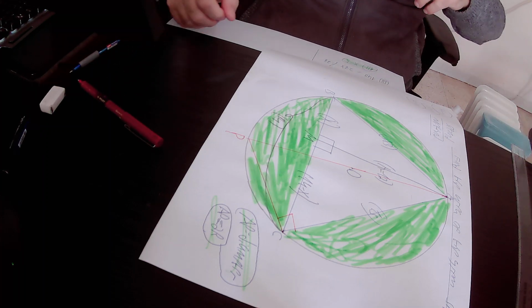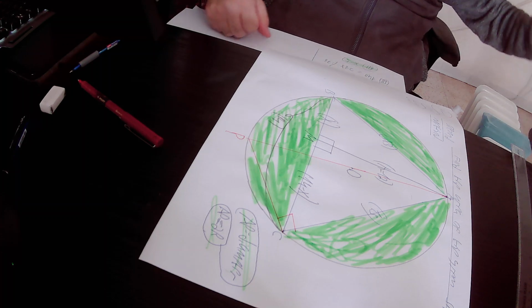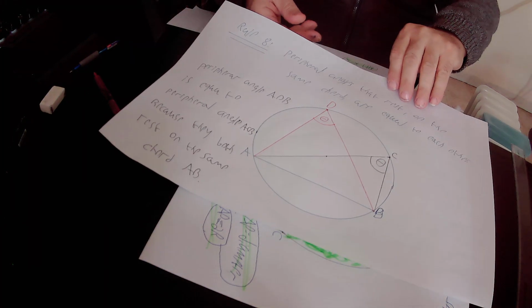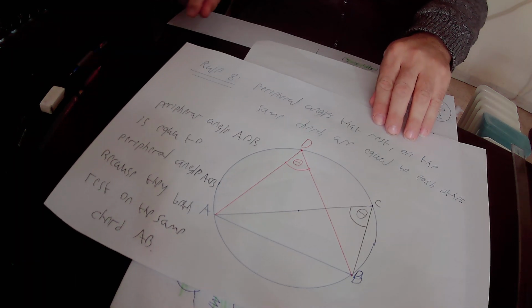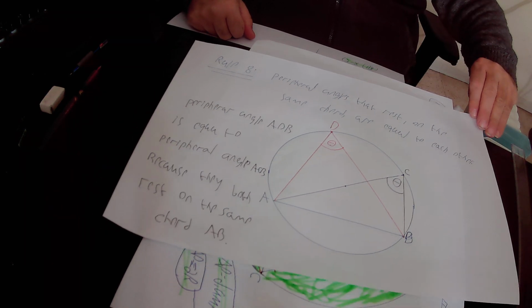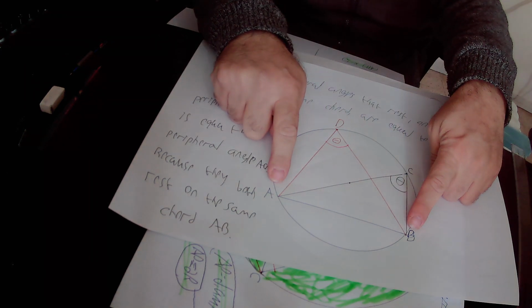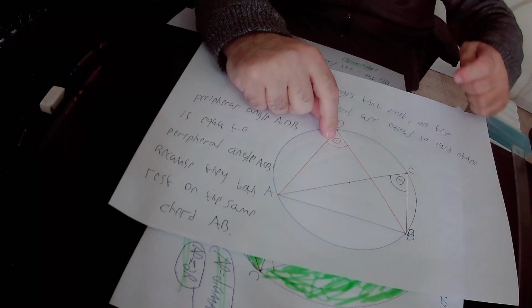We can implement here also rule number 8. According to rule number 8, peripheral angles that rest on the same chord are equal to each other. In the drawing we have peripheral angle ADB that rests on chord AB, and it is equal to theta.